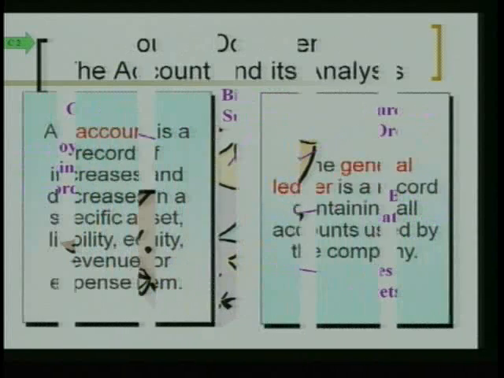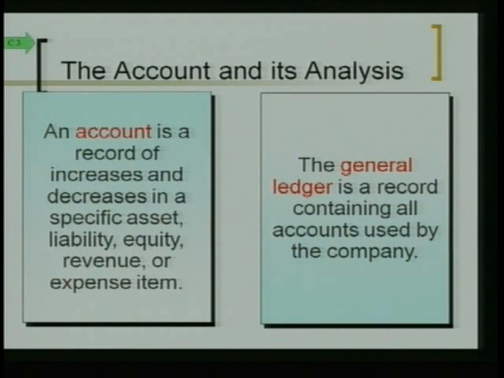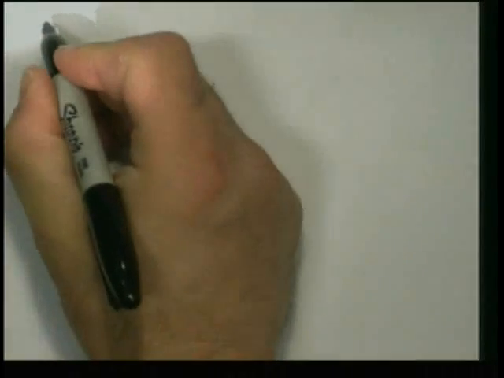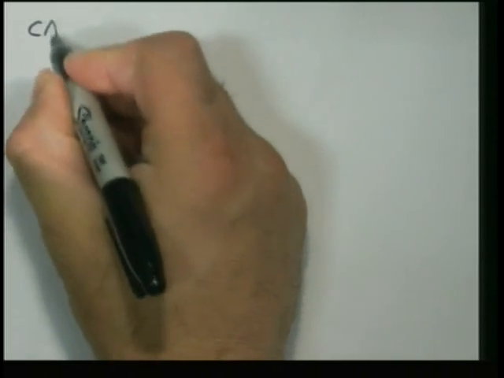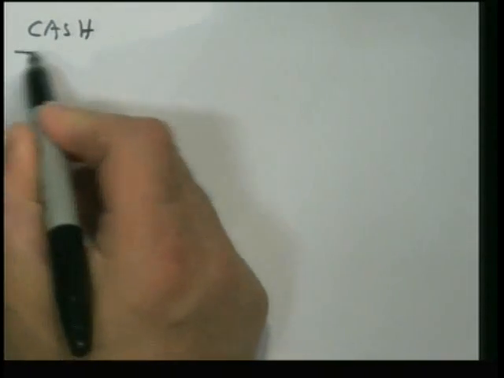All right. Let's talk about what an account is. An account is a record of increases and decreases in a specific asset, liability, equity, revenue, or expense item. For example, going to the ELMO, we kept track of, for instance, cash, correct?